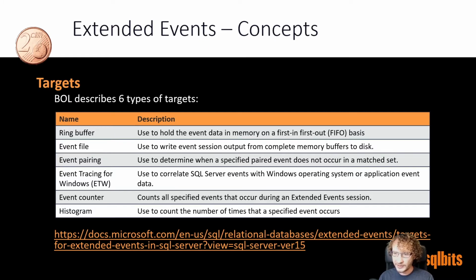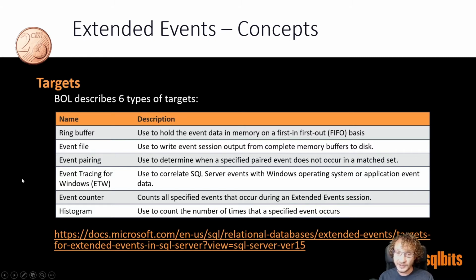But I would like to draw your attention to the targets. The targets are what receives the events and works with the events. And we have different types of targets here for writing to memory or to a file. We also have an event pairing target for those events that come in pairs, like lock acquired and lock released.